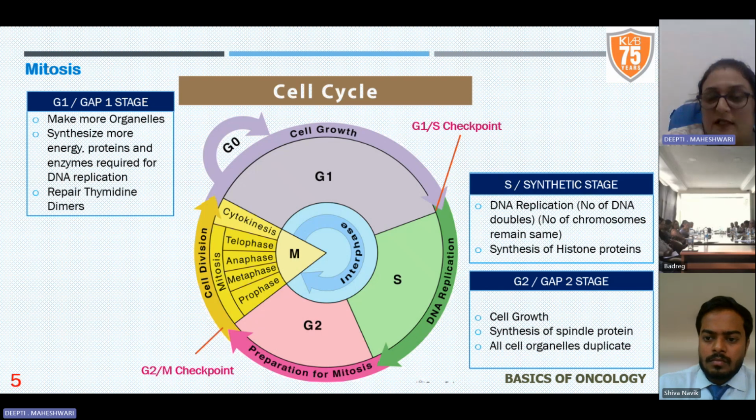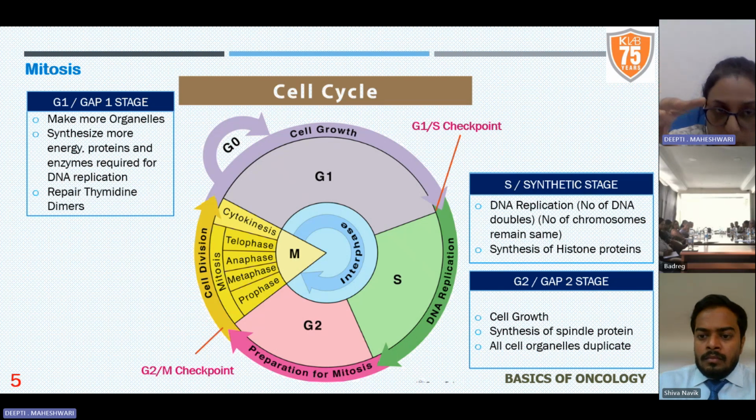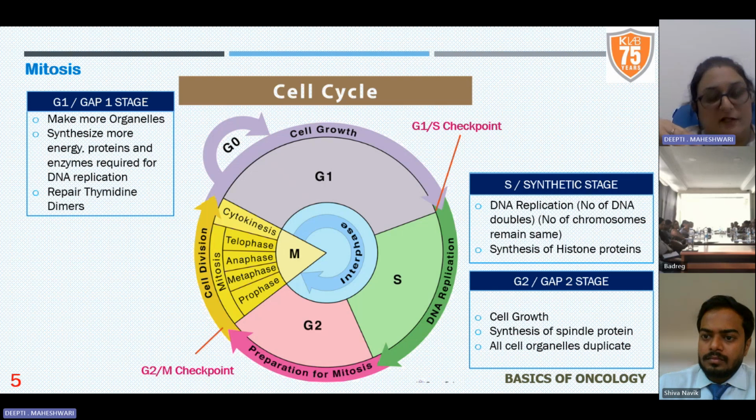The mitotic spindles which had formed in the S phase have to be pulled down. So there is compression, and the tension which was there originally has to be released. Then these mitotic spindles get depolymerized and become small, and when the tension is released, these mitotic spindles pull back all the DNA strands to two different sides of the cell. So 23 pairs of chromosomes have come to one side.